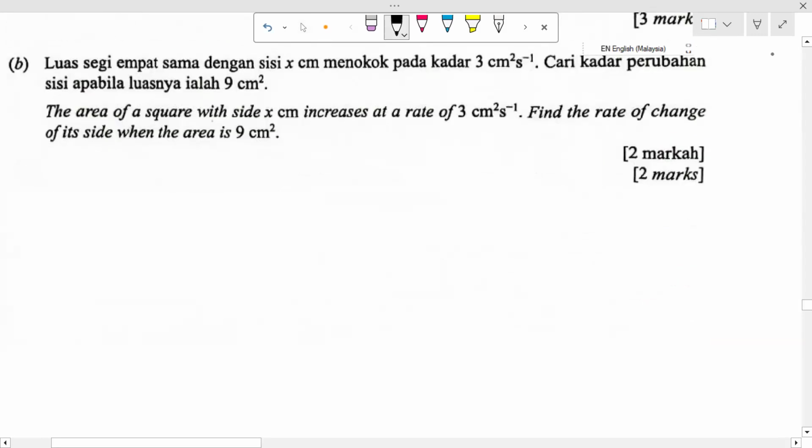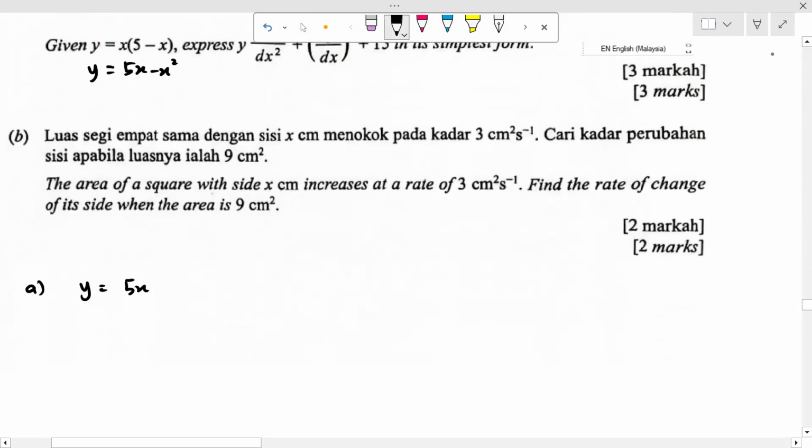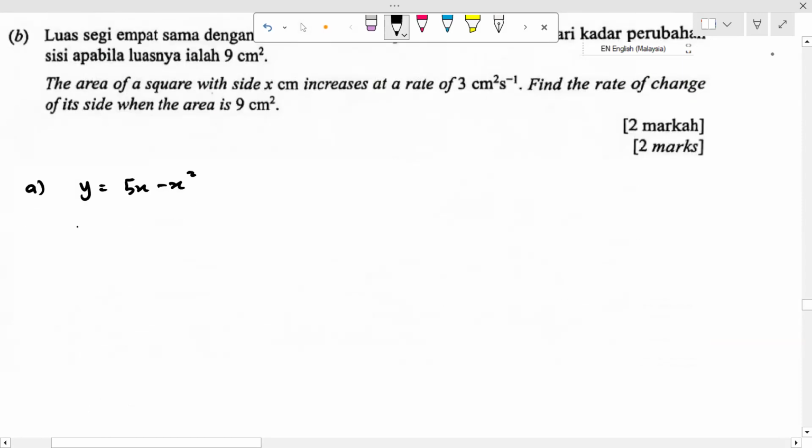Okay, so for part A, since y equals 5x minus x squared, dy dx will be 5 minus 2x. And d2y by dx2 will be negative 2.